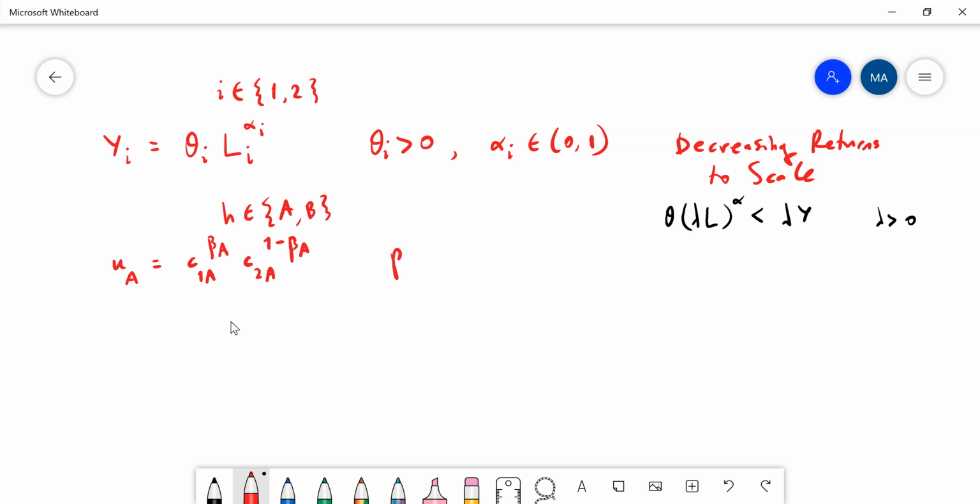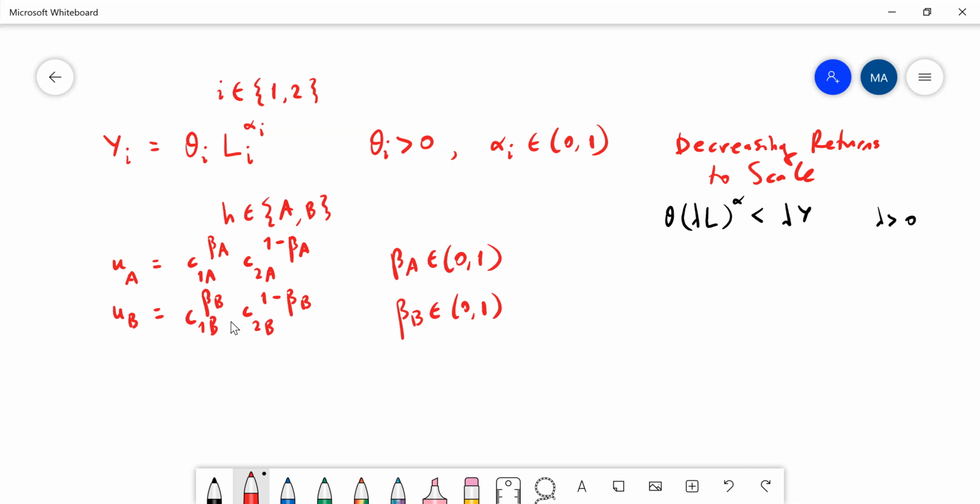Here beta A is between 0 and 1, and for the consumer B, we have C1B to the beta B, and C2B to the 1 minus beta B. And beta B is also between 0 and 1.